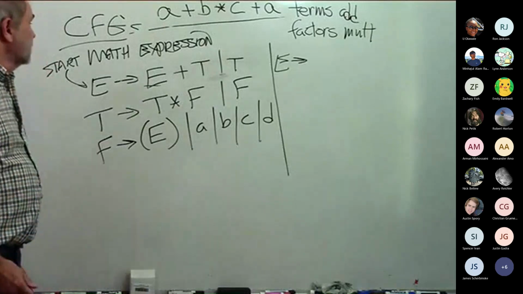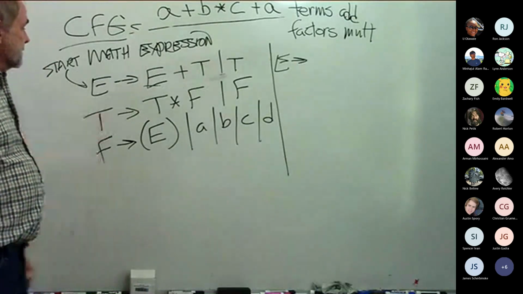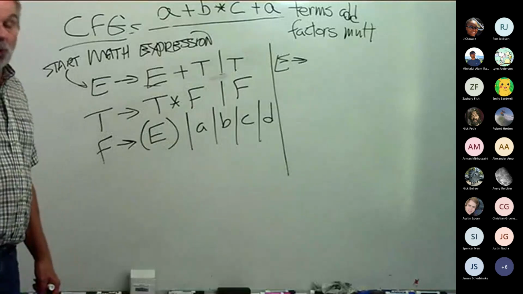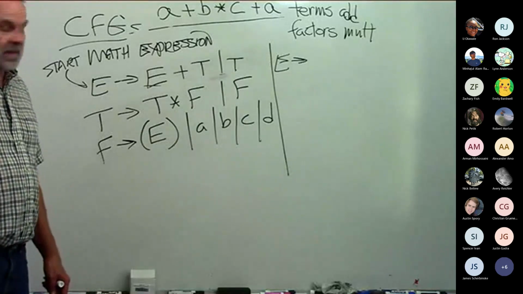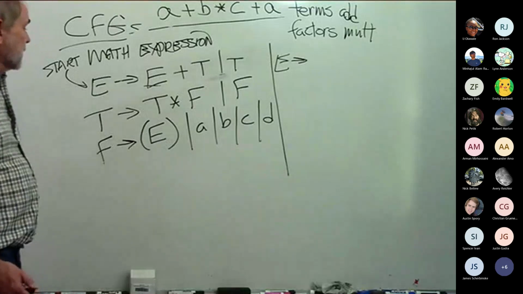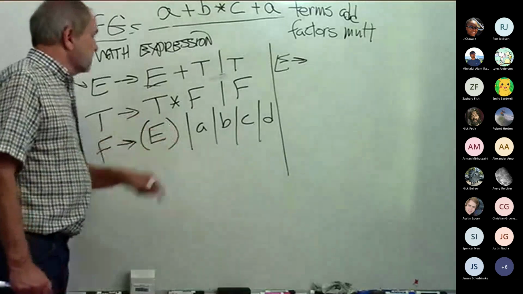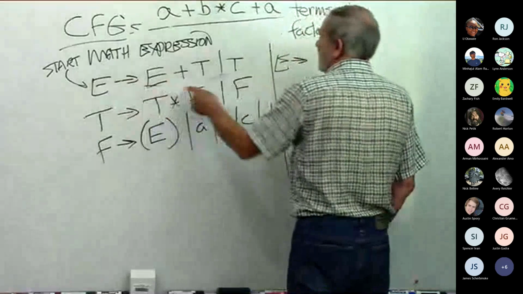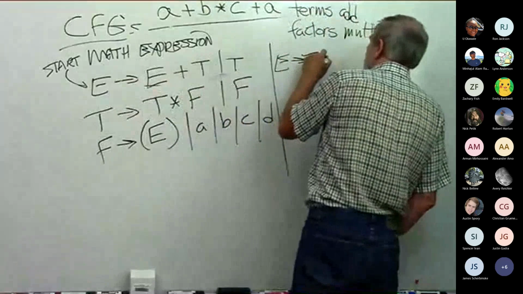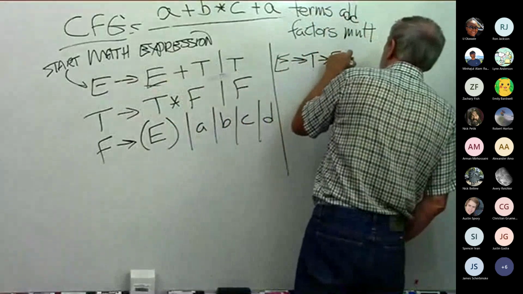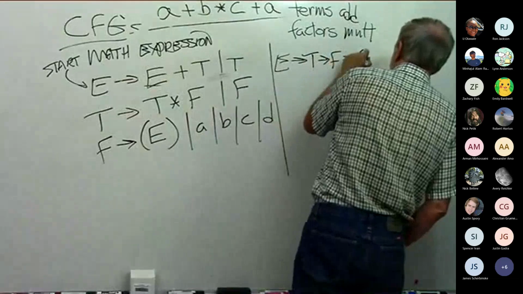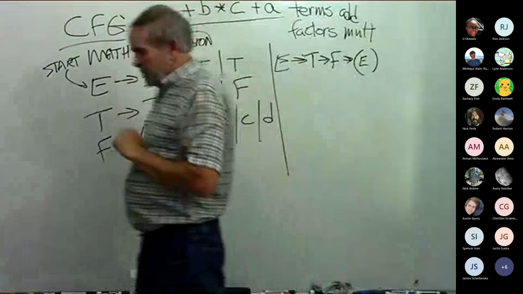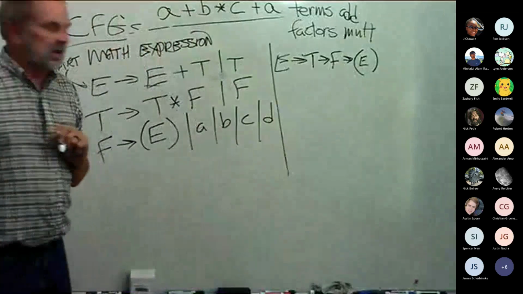Well, let's replace, let's just go, can we get a parenthesized expression? We can put parentheses around an expression by substituting E goes to T, T goes to F, and F goes to a parenthesized expression.